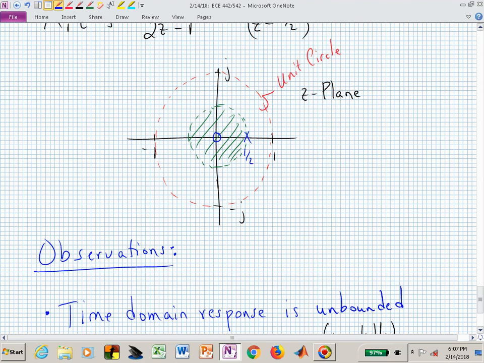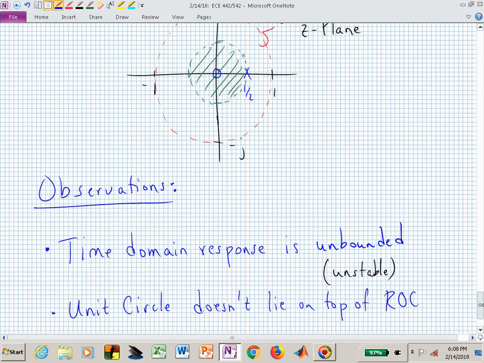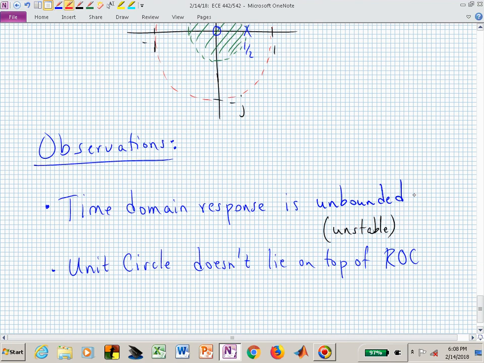That's what I'm trying to say. There's no overlap, is there? The unit circle is not a part of the region of convergence. And that's the connection you can make right here. When the unit circle is not in your region of convergence, you have a time domain response that's unbounded. So here's your connection that you can make between the region of convergence and the unit circle and the time domain.